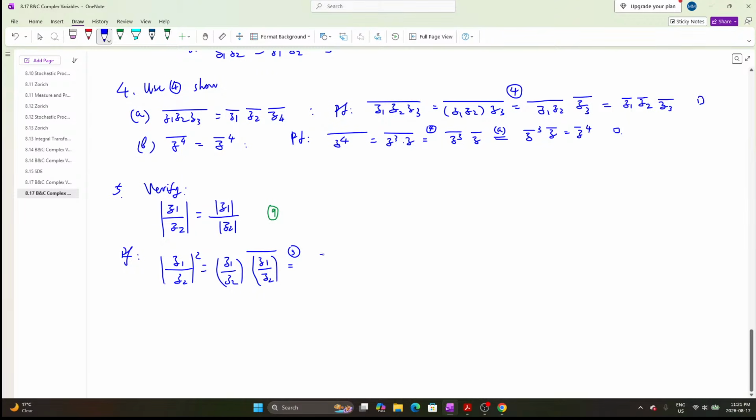Using 5, you're able to distribute the conjugate into both top and bottom of the fraction, so z1 bar over z2 bar. This is, of course, z1 times z1 bar over z2 times z2 bar. That's exactly the squared modulus of z1 over the squared modulus of z2, and that's exactly what we need, so we're done.